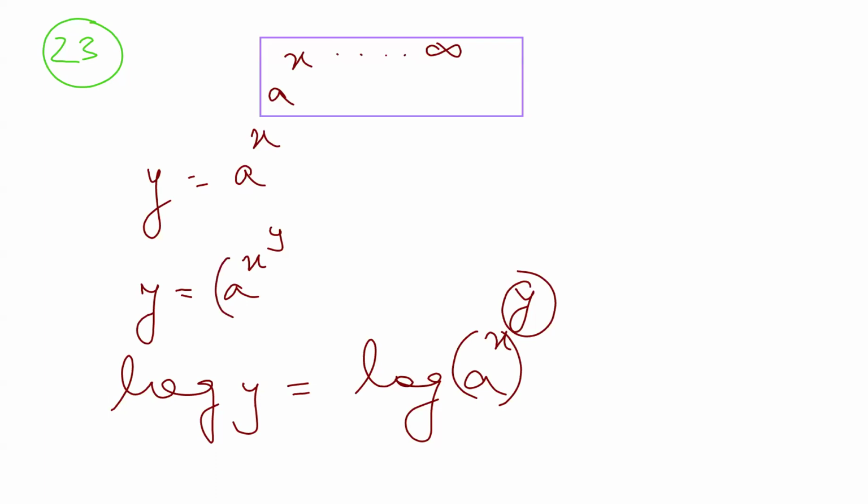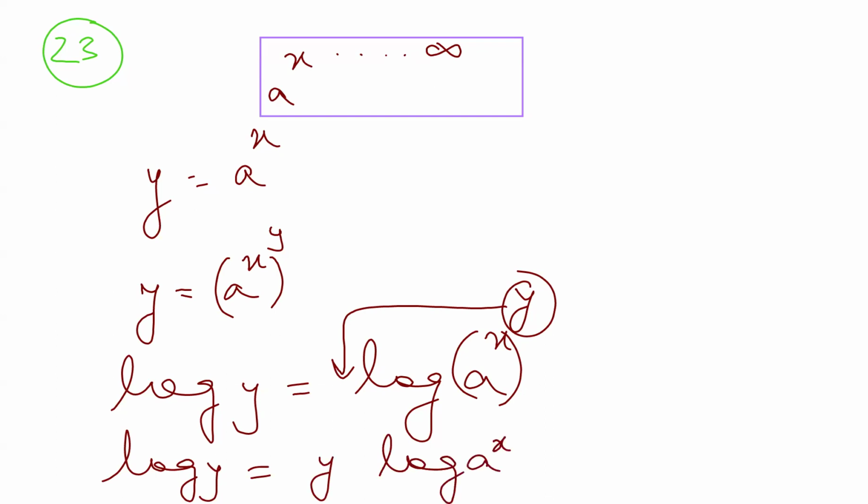A raised to x the whole raised to y. So take this y ahead. Log y is equal to y log a raised to x. Now you can take this x also ahead, because it is log a raised to b situation once again. So this will be x into y log a.